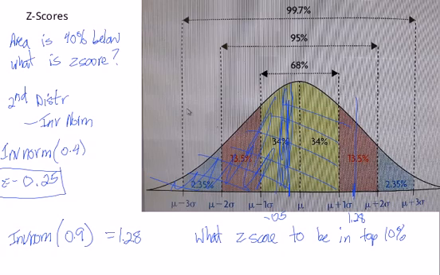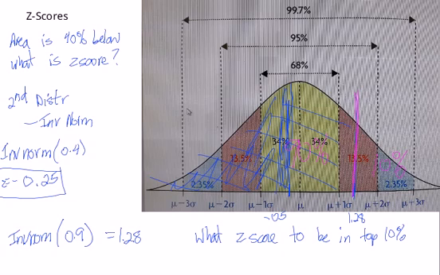Okay, so sometimes if you're in a class and you want to be in the top 10% of the class, you want to figure out what your z-score would be for that. So in this case, the top 10% is the exact same thing as the 90% below, right? If we have 10% here, that means we have 90% below. So the inverse norm 90 would be the exact same thing as figuring out the top 10. We're still looking for where is that line to cut these two areas in half.